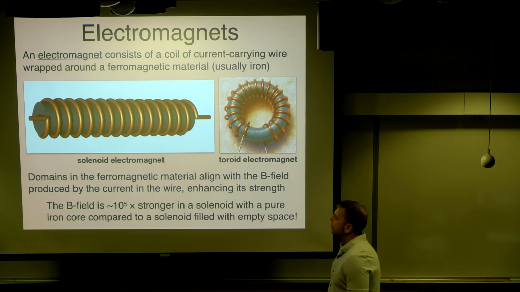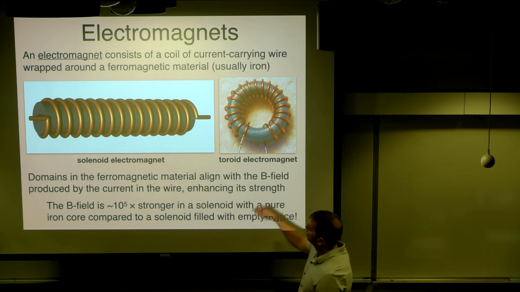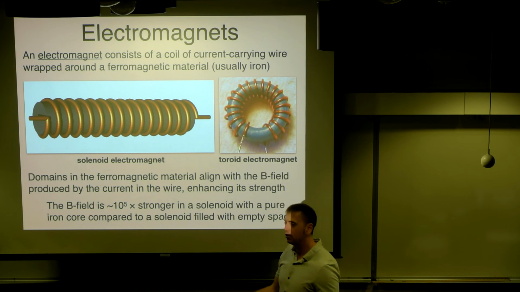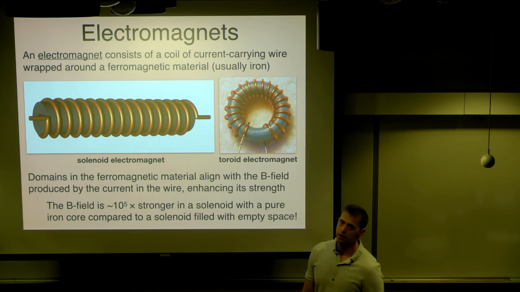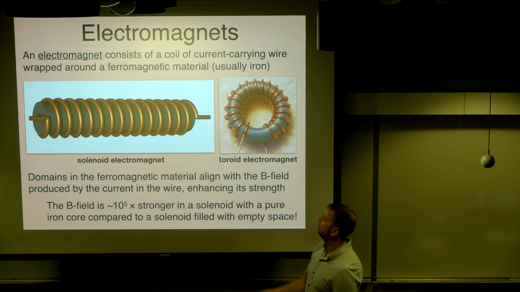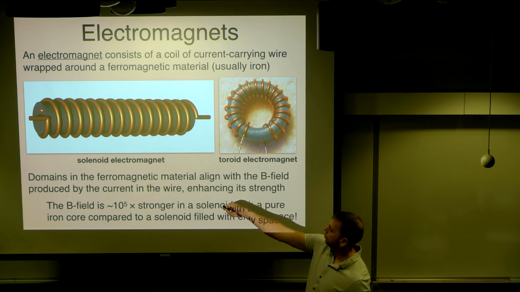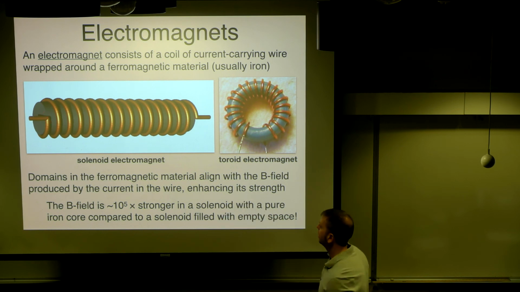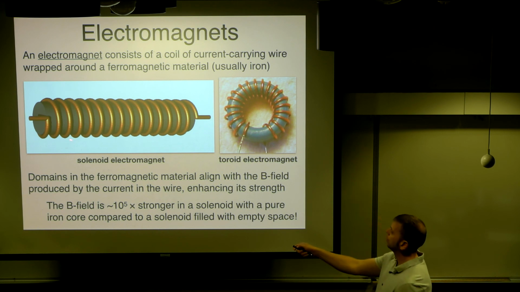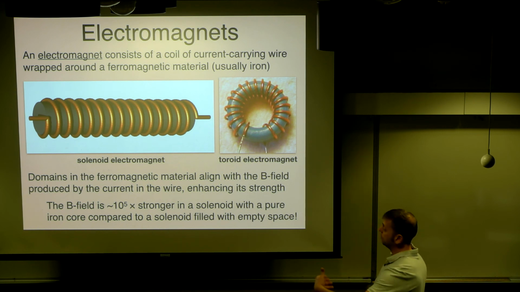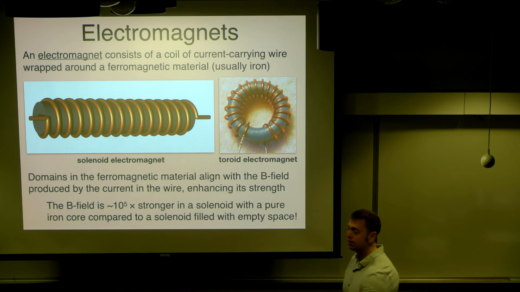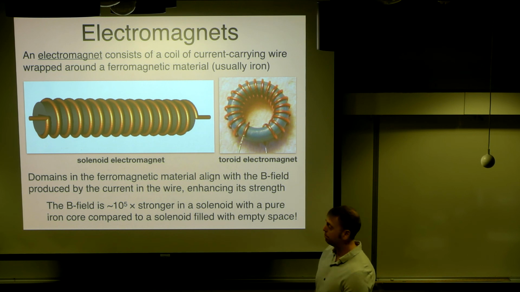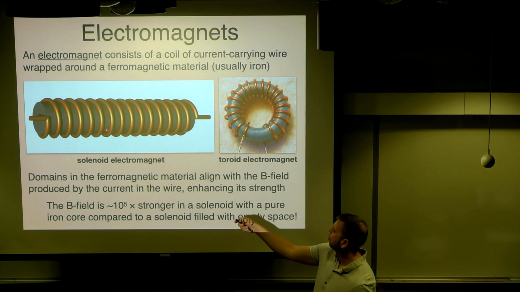In this case, the current in the wire is our so-called external B field, B naught. That's going to induce a B field within the ferromagnetic material, within the iron core. And again, that B field that we induce, because chi is so big, can be really, really large compared to the B field created by the current running through the wire.